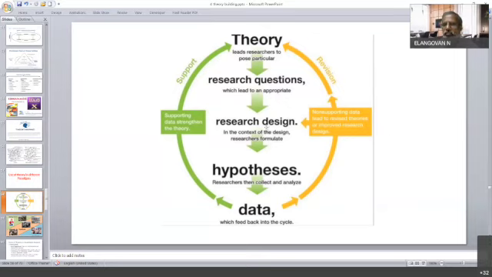So that leads to a research where you will collect data, you will have hypothesis, you will have research design, you will have research questions. So all these research questions, design, hypothesis and data come out, and you fill that gap, and this theory gets added or modified.